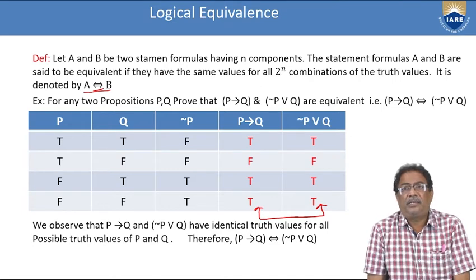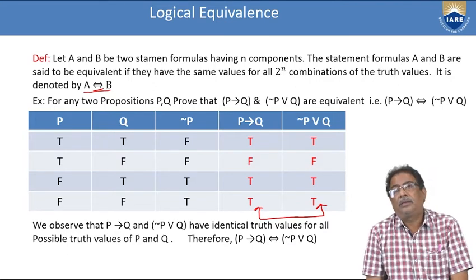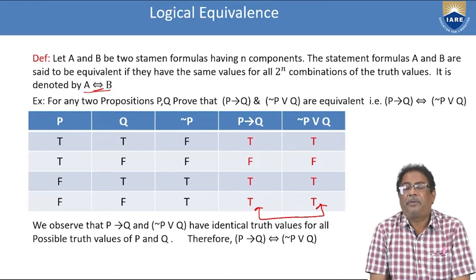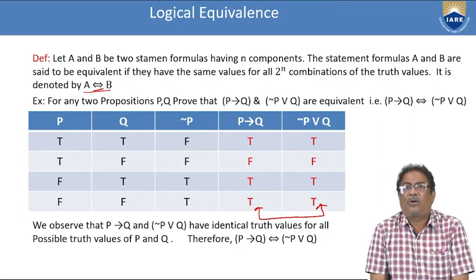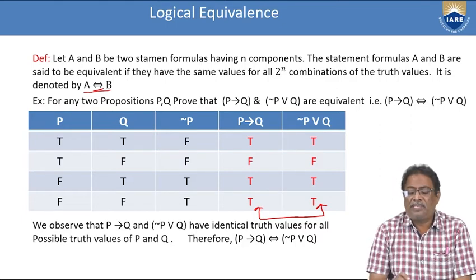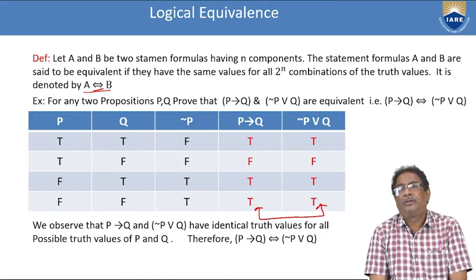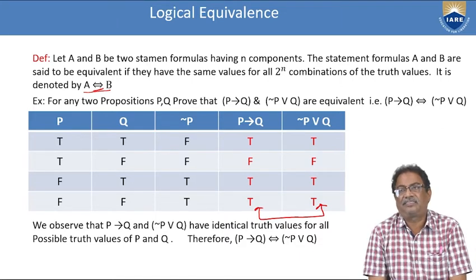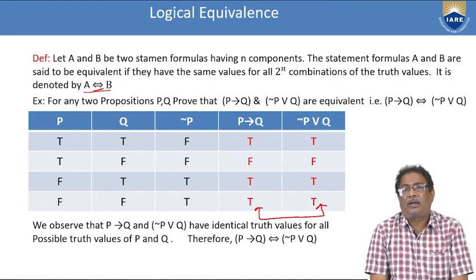See, constructing a truth table for a compound proposition having n statements will be a very tedious task. So one method is constructing a truth table if the number of statements is small.